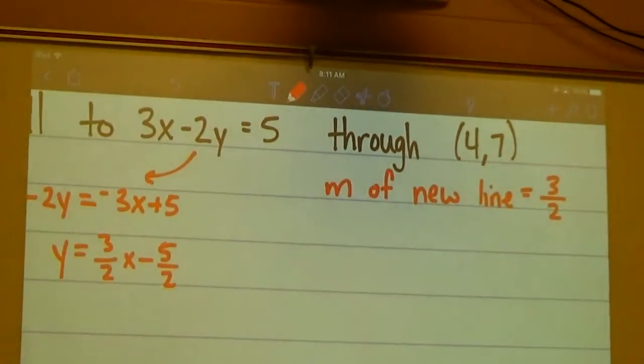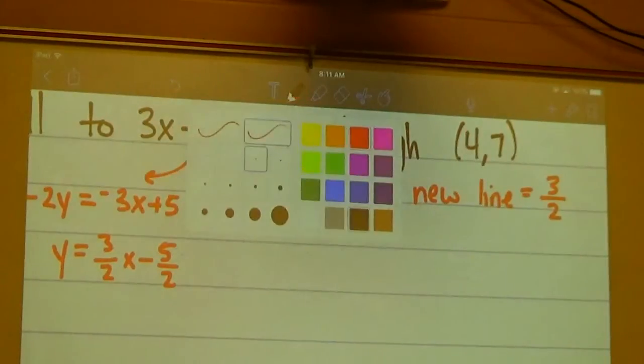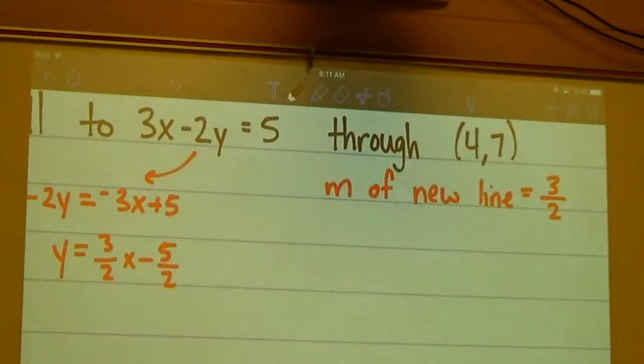Now we've got our slope and a point that we're going through, so I'm going to put it in point-slope form: y minus 7 equals 3 halves times x minus 4.